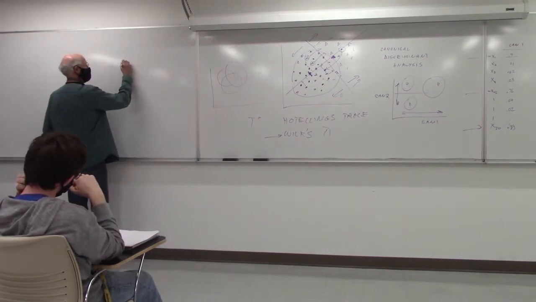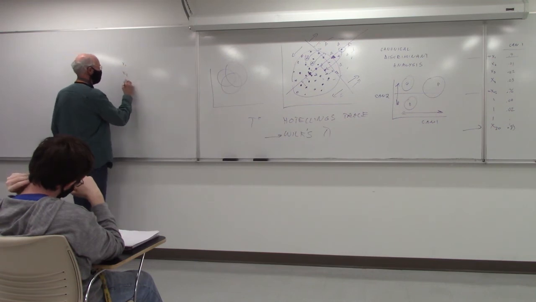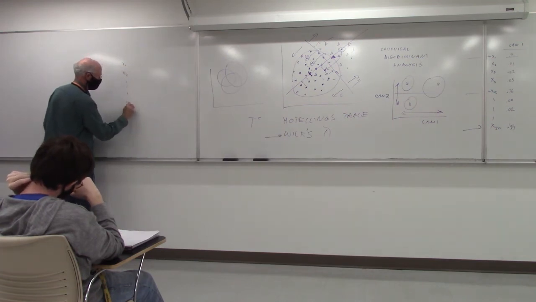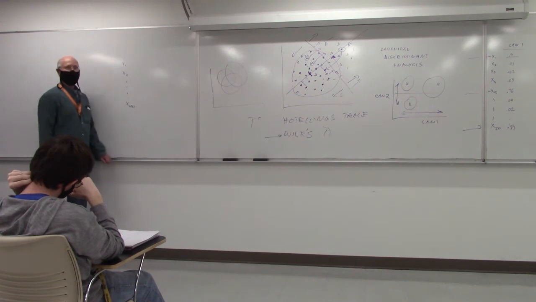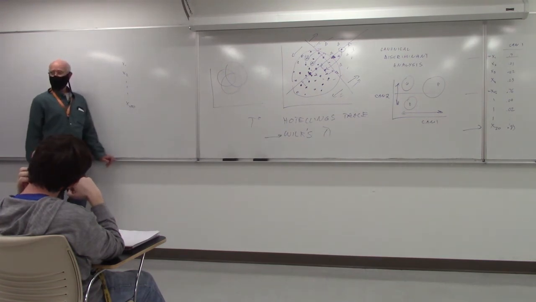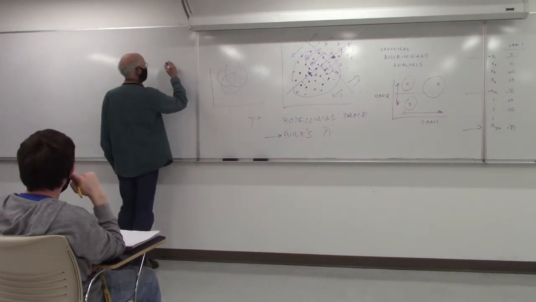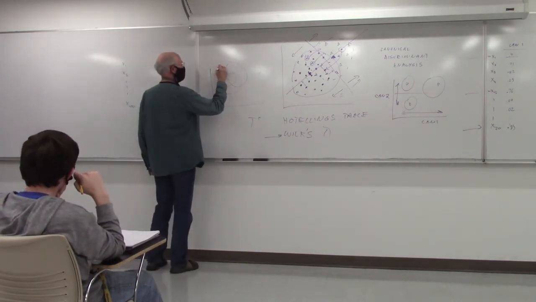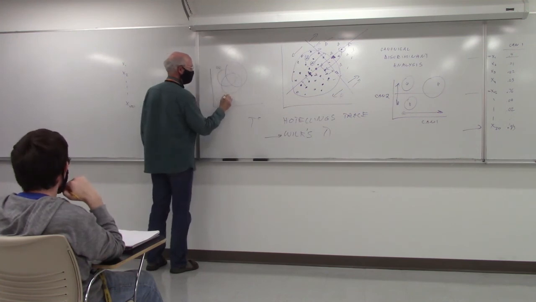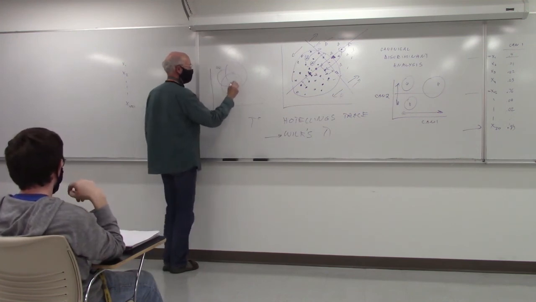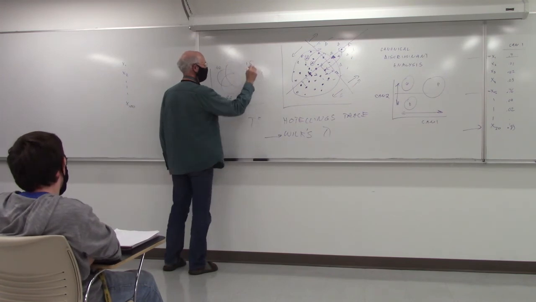So you've got x1, x2, all the way to x100. You've got 3 groups of bears, and you're trying to discriminate between them. You've got 40 grizzlies, 20 black bears, and 15 polar bears.